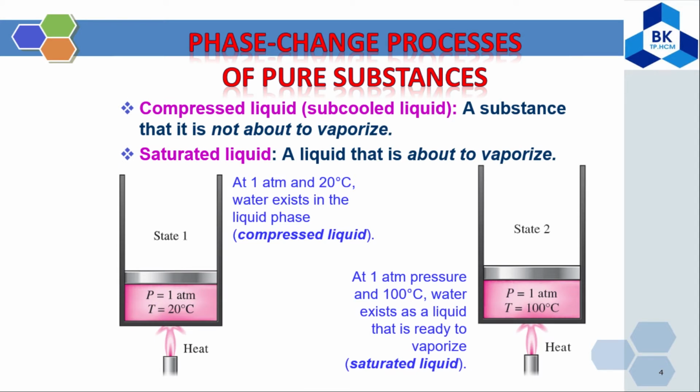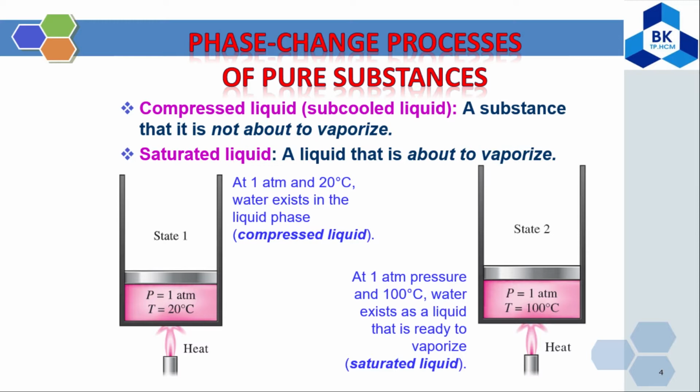So now we look at the phase change processes of a pure substance. Look at the example. We have a glass of water and we boil it in the normal atmosphere, here at 1 atmosphere.